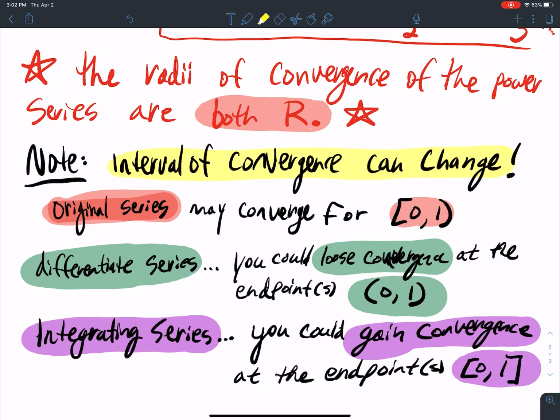Okay, so I wanted to show you that scenario, and what we're going to do is work one example.